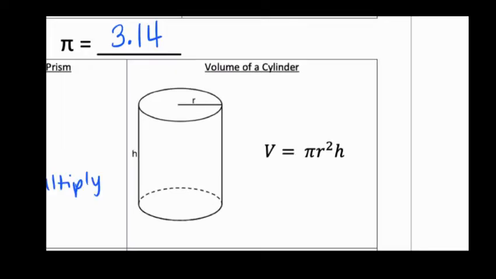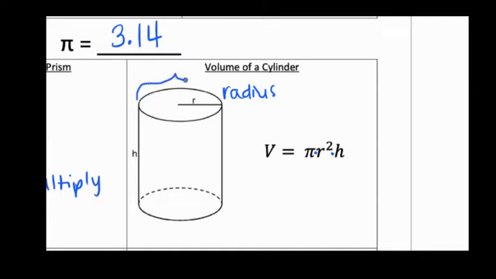Now for the volume of a cylinder, so how much is inside of a cylinder, we have V equals pi r squared h. So again, we're just multiplying here, pi times r squared times h. r in this case is the radius. If you remember, radius is only half of the distance across a circle.